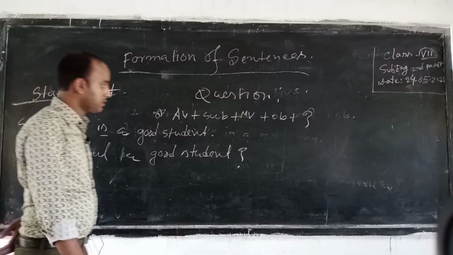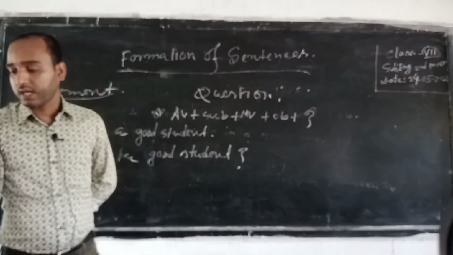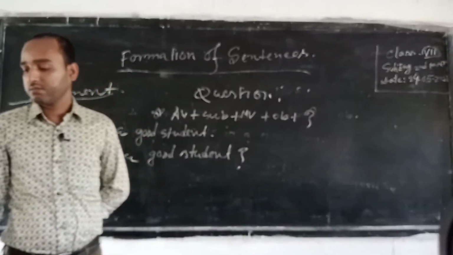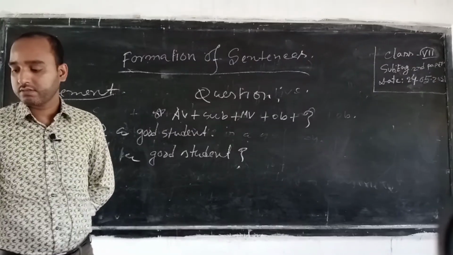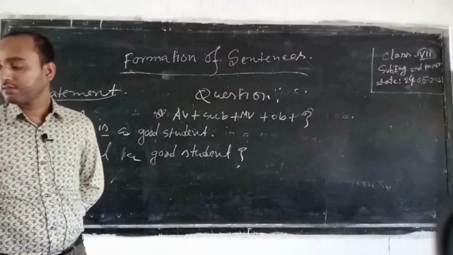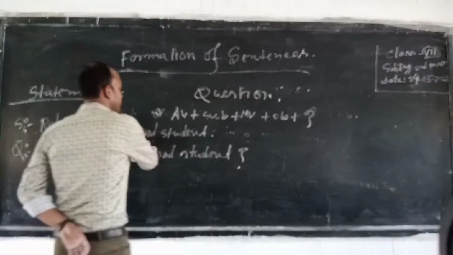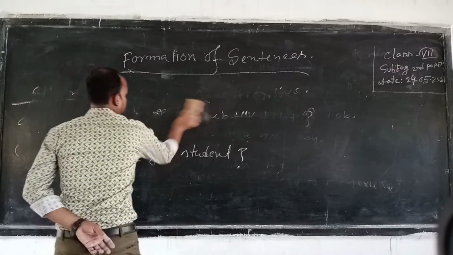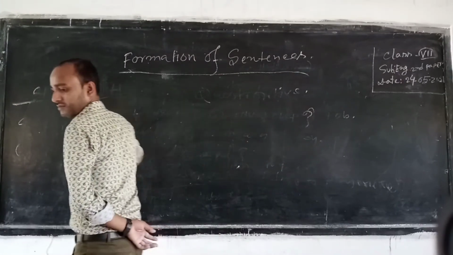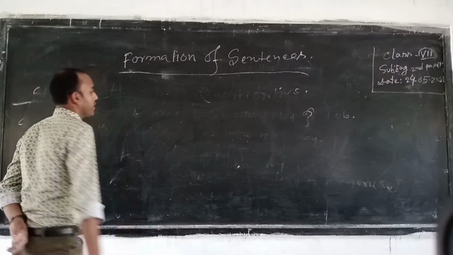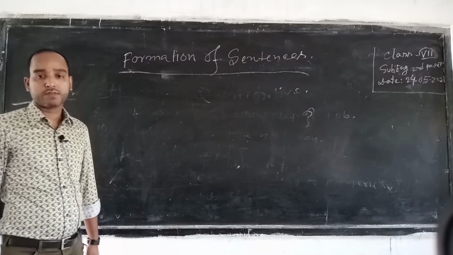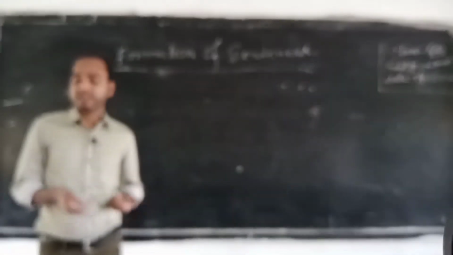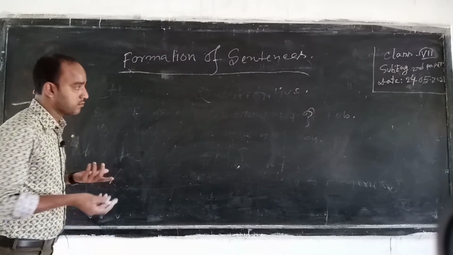So dear students, now we will know how imperative is made. We know an imperative sentence is used to indicate order, forbid, request, proposal.